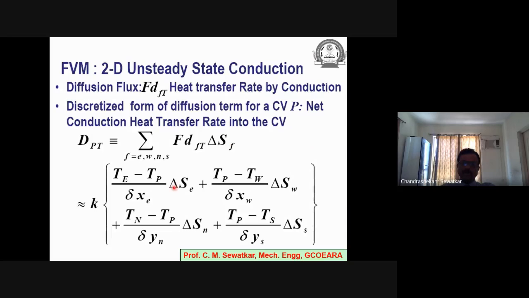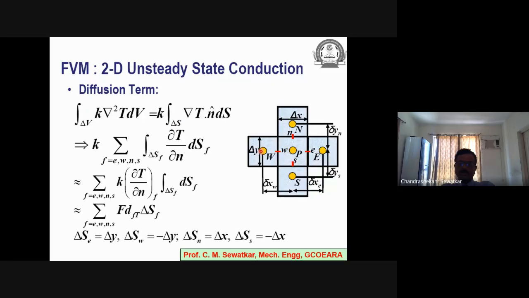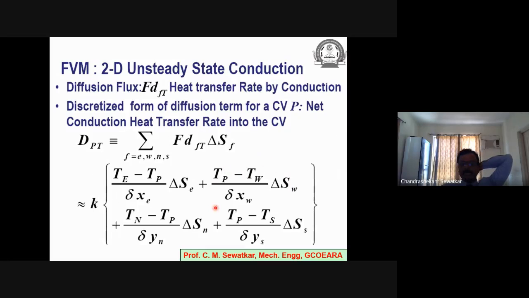And to that, if I multiply by the corresponding area, I get the total diffusion across the east face. Similarly, TP minus TW divided by delta XW, this distance, multiplied by K is a flux, and to that if I multiply it by the area delta SW, I get the total diffusion across the west face. Similarly, this is across the north face and this is across the south face.